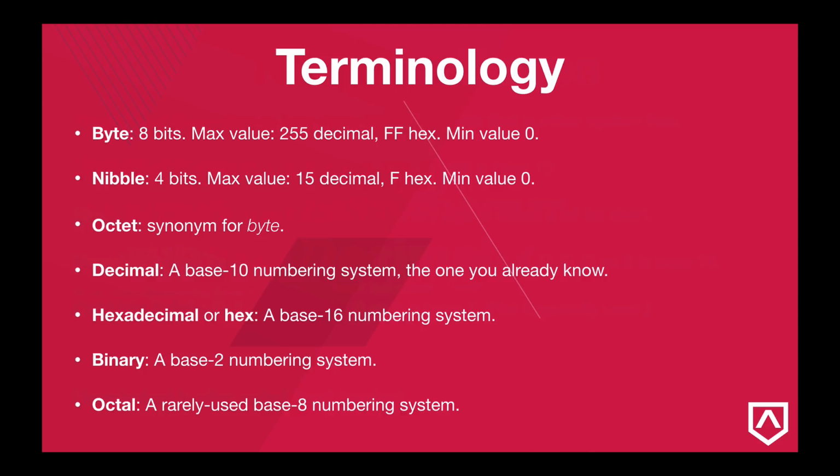So a little bit of terminology here. Some of this we've already said, but I want to clarify a few more things. A byte is 8 binary digits, so an 8-digit number in binary, or 8 bits we like to say. So you've probably heard of bytes. A byte is made up of 8 bits. And if we set all those bits to 1 and we convert that to decimal, we get a value of 255. That's just a good value to have memorized. That is the largest number that you can store in a byte.